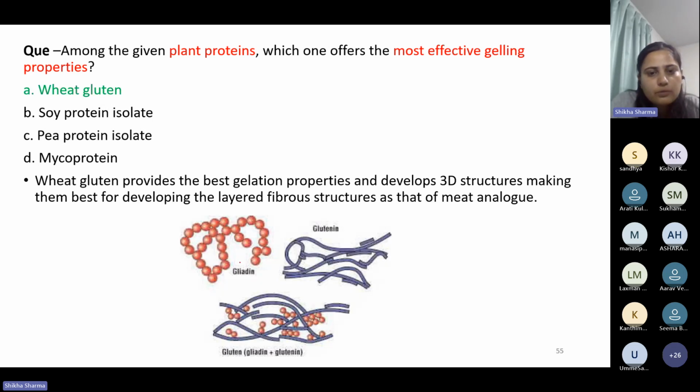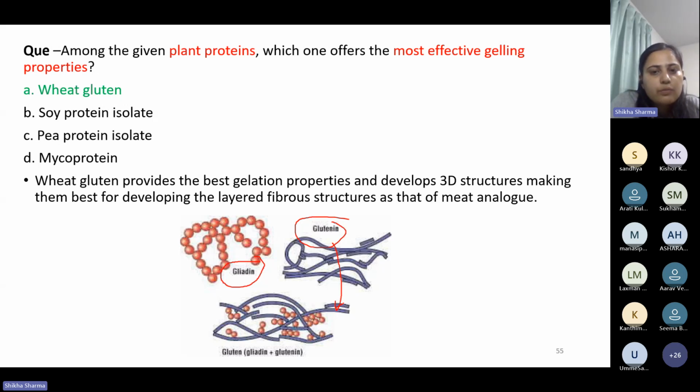So gluten is a protein made from gliadin and glutenin. These two proteins form a 3D structure when we put some water and knead it.